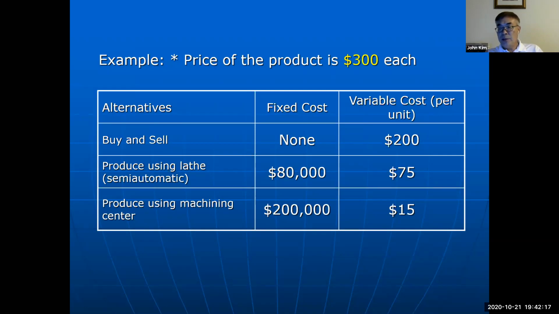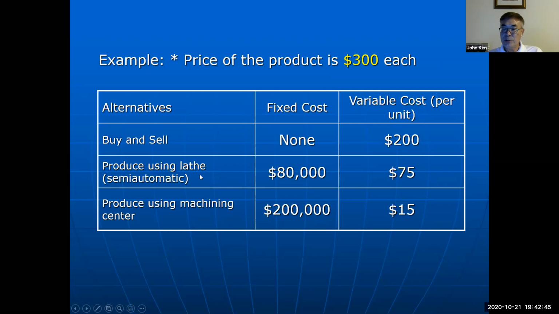Example, if there are 3 options. First option, just buy and sell, like a retail store. Buy at $200 and sell at $300. No fixed cost because just buy and sell.